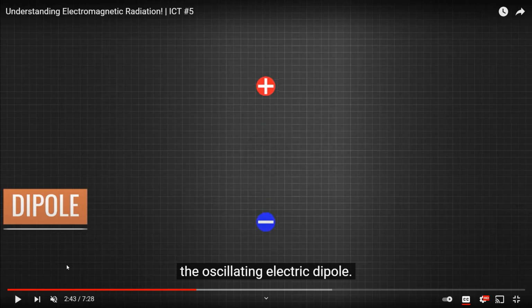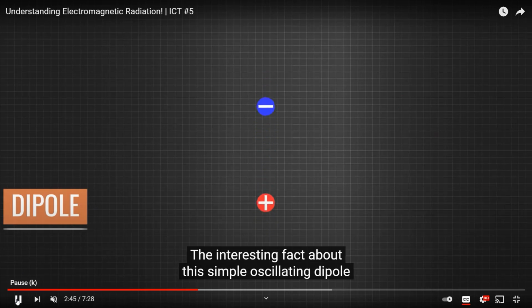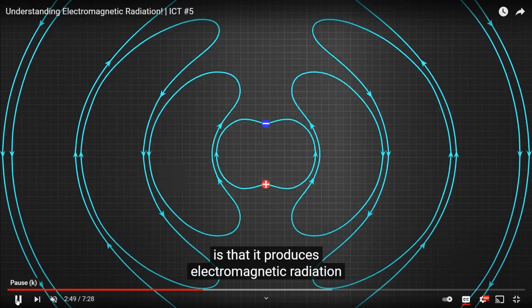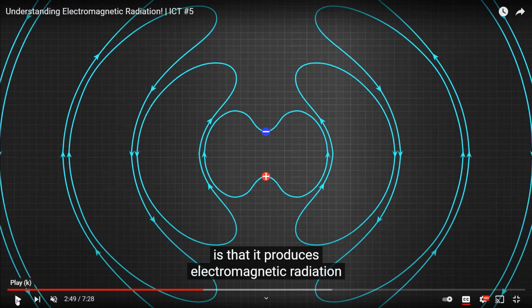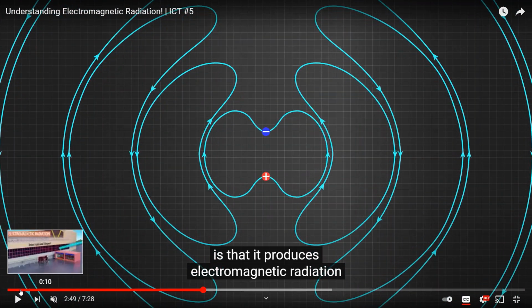It looks like we're looking at 2 charges, one positive, the other negative, moving in opposite directions. This is what happens in an antenna, and it's technically called an oscillating electric dipole. The interesting thing about a dipole is it creates an electromagnetic wave.